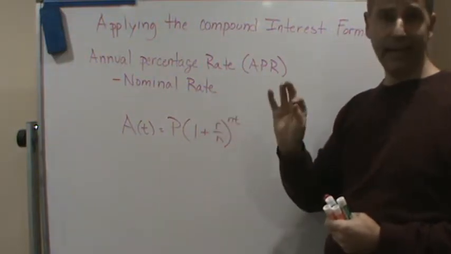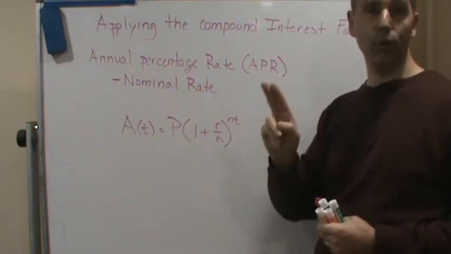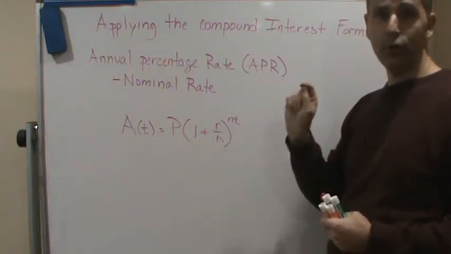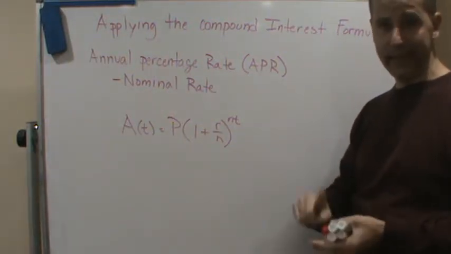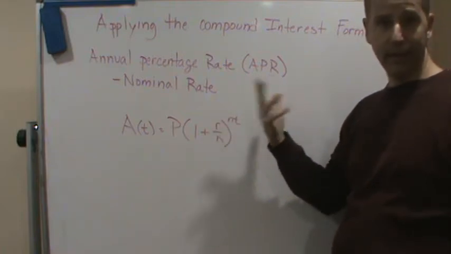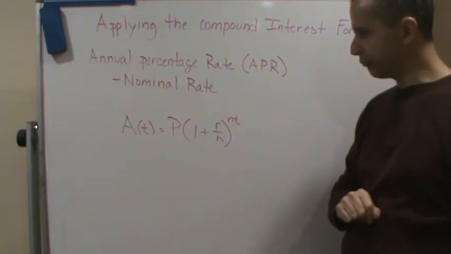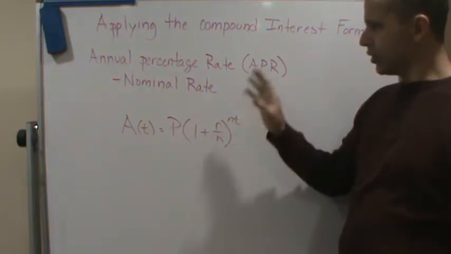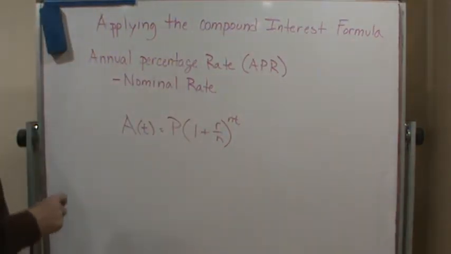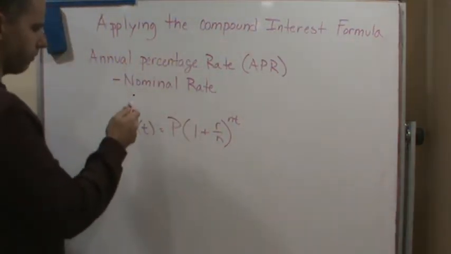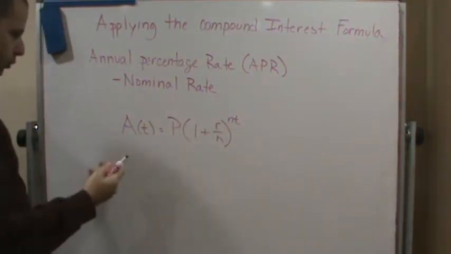The nominal rate and the APY are always going to be the same if it's annual compounding. If you're doing some other compounding, like monthly or quarterly or weekly or daily, then the nominal rate and the annual percentage yield will be different. But that's a side issue. The nominal rate is given for any compounding other than annual.